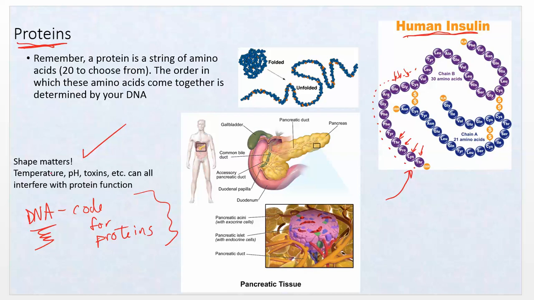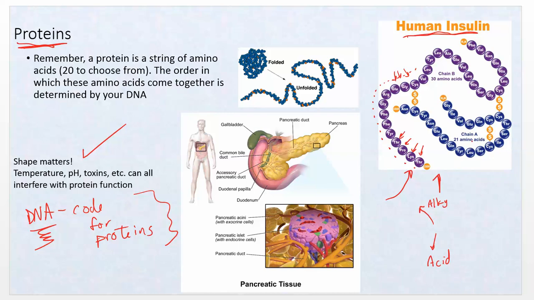The other thing is that temperature, pH, toxins can also interfere with the function of the protein. This protein right here was made to work at about a pH of 7.4. Okay, so if your pH gets out of range, if it goes too high, alkalosis, or if it goes too low, acidosis, then not just your insulin.